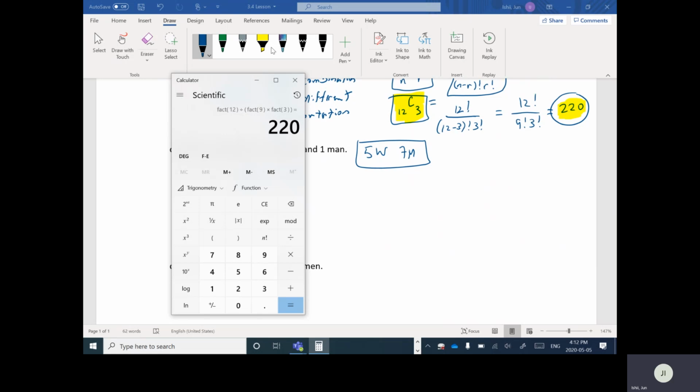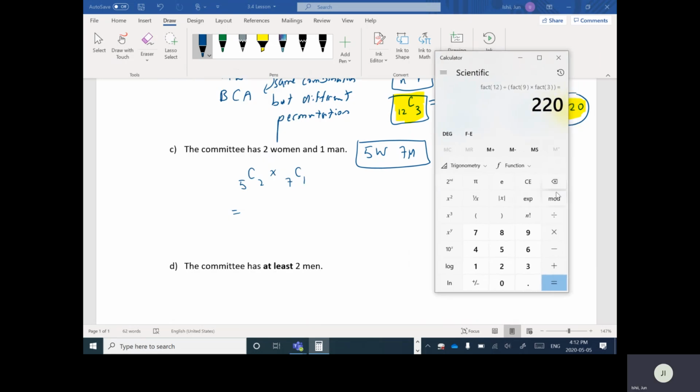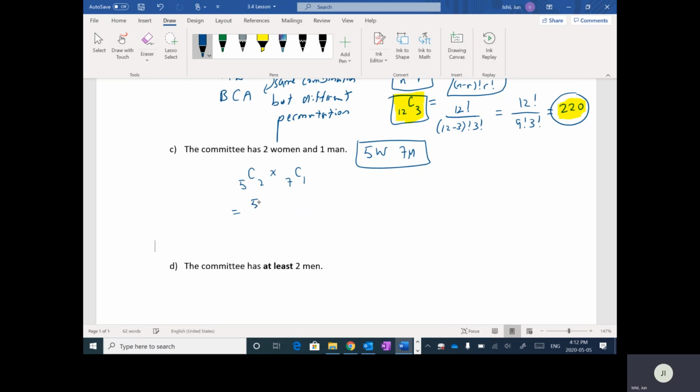You probably have the button on your calculator where you can just punch it in, but in this case I don't, so I'm just going to have to write out the formula and work it out that way. So 5 choose 2 is 5 factorial divided by 5 minus 2 factorial, 2 factorial.